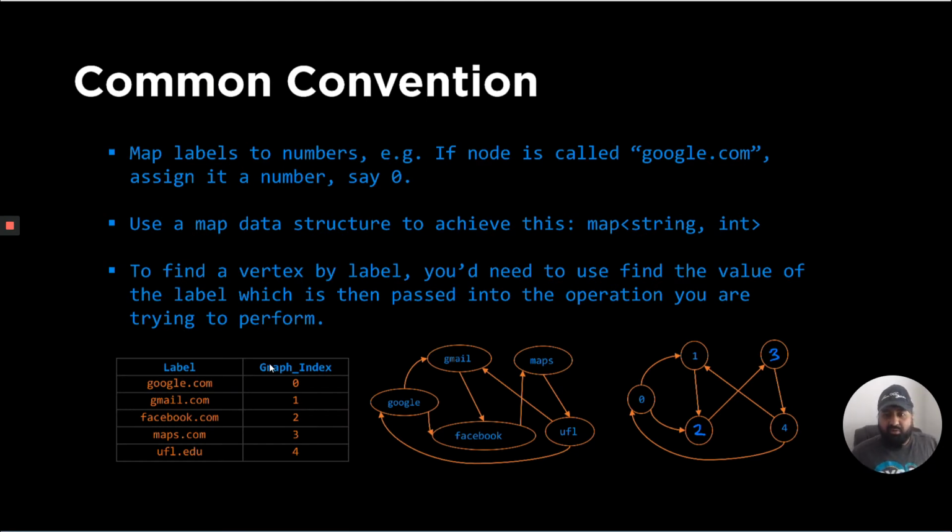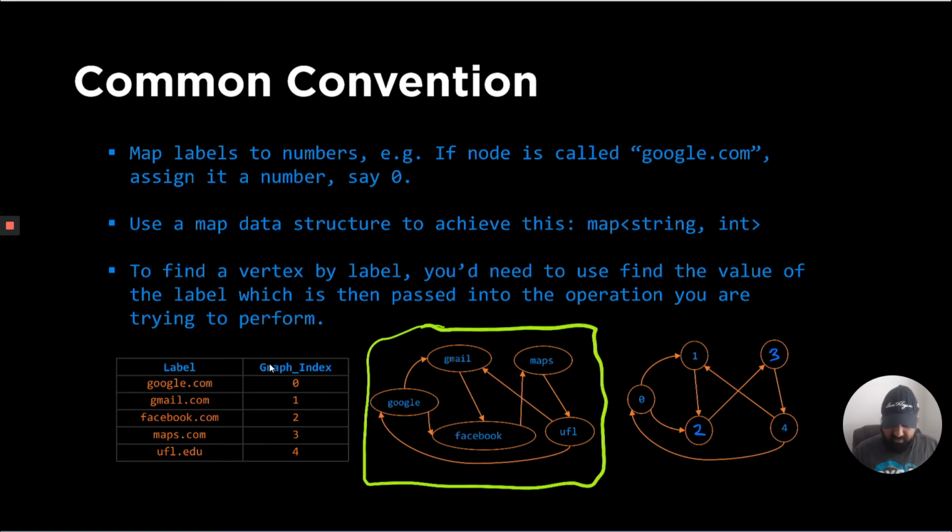Before we move to the actual implementation, one quick thing I wanted to let you know is that it's a common convention to represent graphs by numbers. This is the graph from project 2, the PageRank project. Basically, we have URLs such as google.com, facebook.com, and so on.